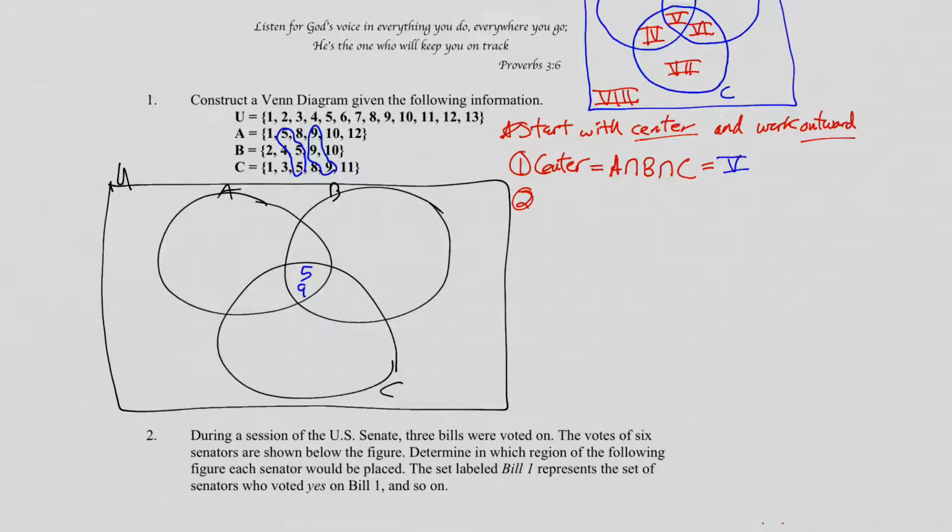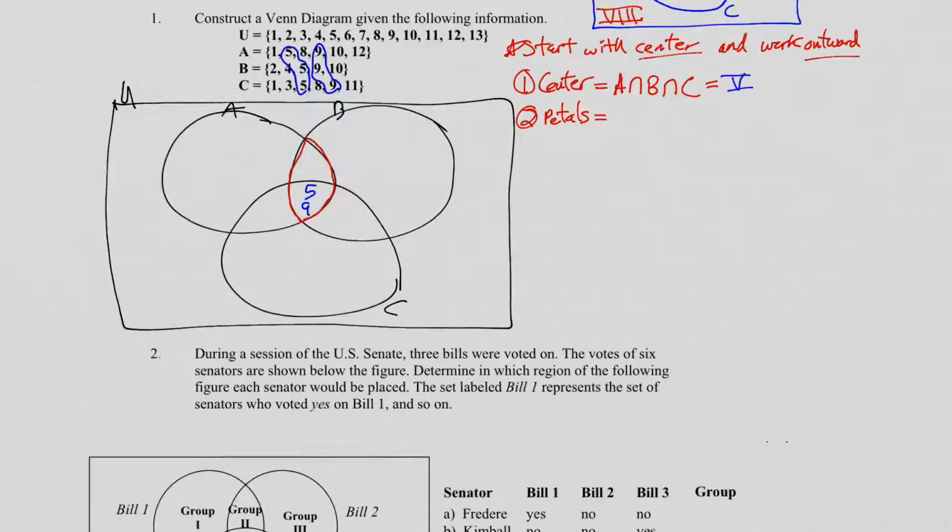Number 2, it's the petals. Okay, so the petals, the top petal is basically A intersection B. Those are the top two circles.